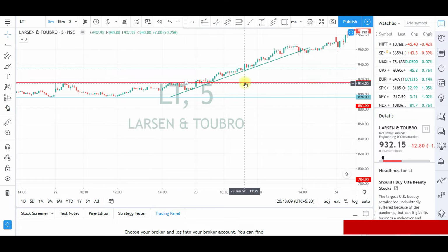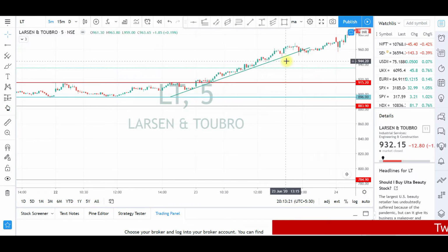But beautifully, if you would have combined the trend line with this horizontal line, this would have given you a perfect entry. Probably at this particular point you would not have seen this with the trend line only.